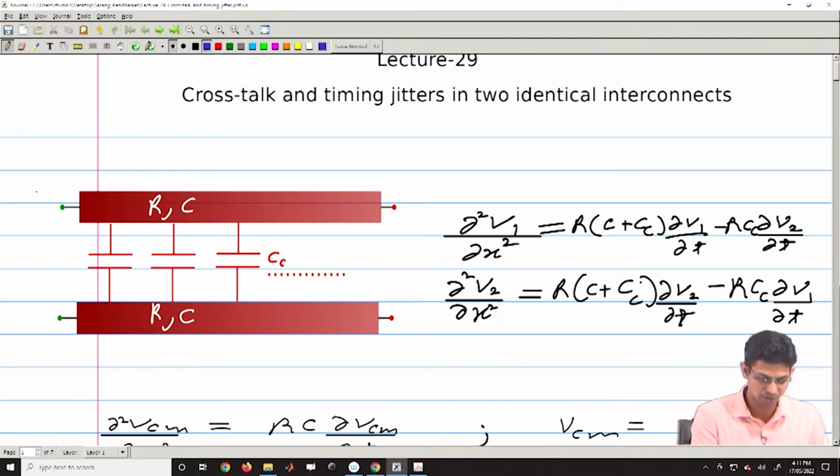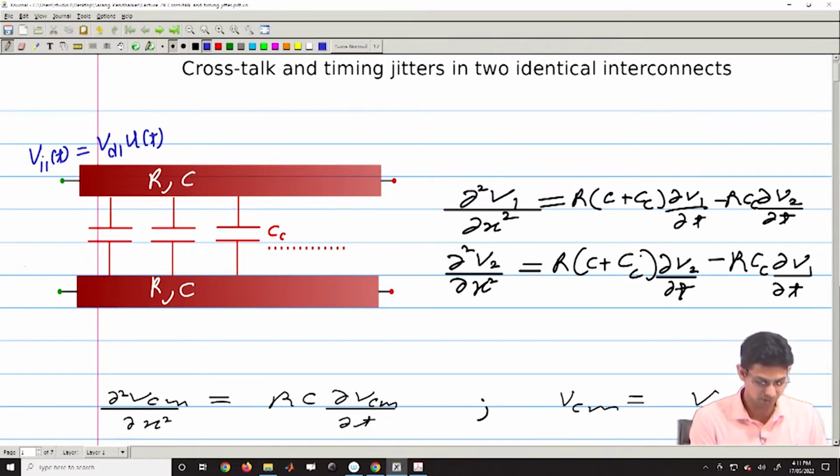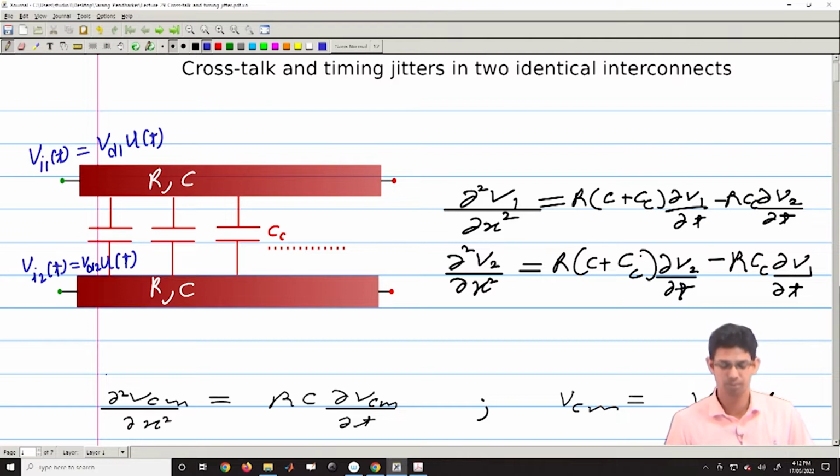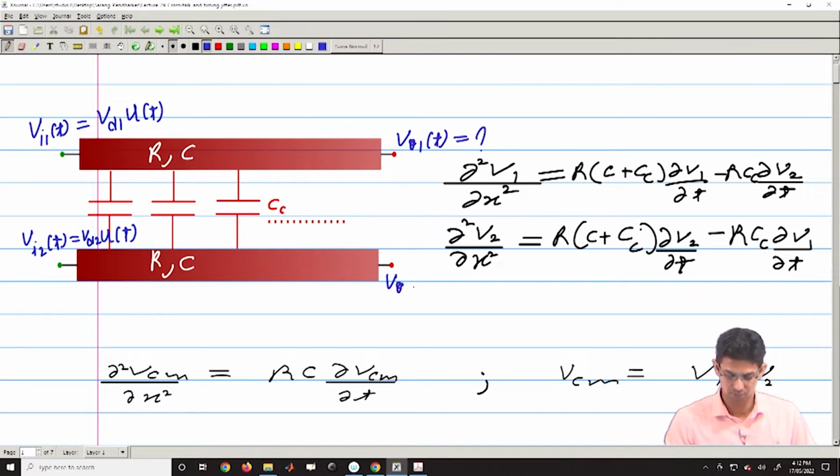Now, if I have a scenario where the input to this interconnect is Vi1 of t equal to Vd1 u(t), and the input to the second interconnect is Vi2 of t equal to Vd2 u(t), the task before me is to find out my Vout1 of t and my Vout2 of t.